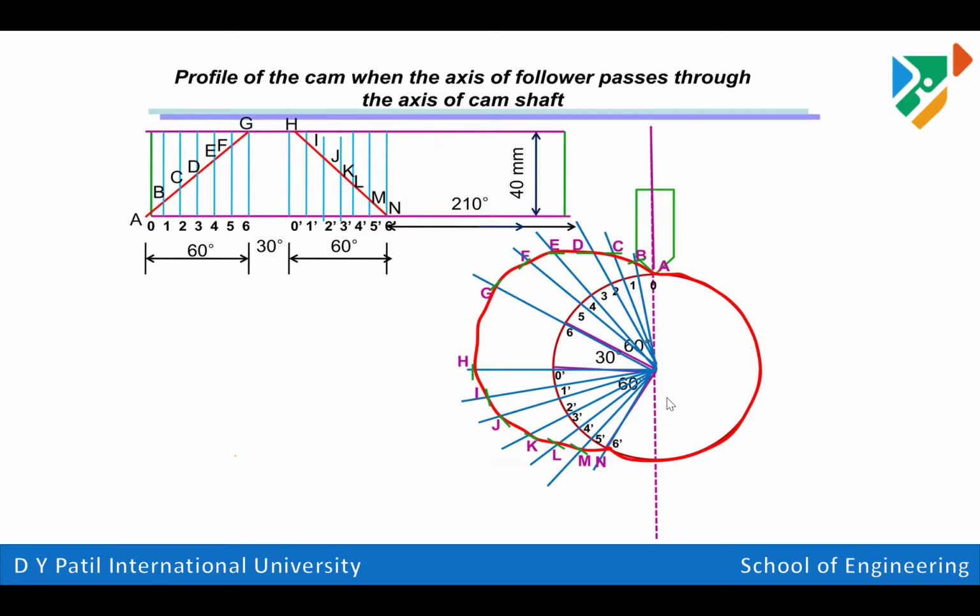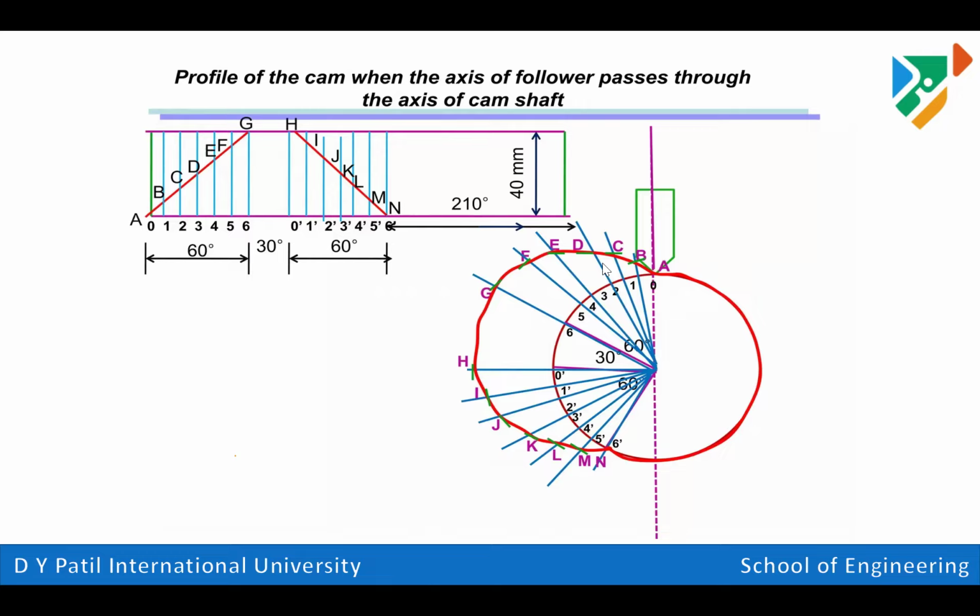The radius of the cam is 50 mm. Then we divide the first part into 6 equal divisions, keep the dwell as it is, and divide the remaining part into 6 equal divisions. Just look at the displacements: 1A, 1B, 2C. These values for points number 1, 2, 3, 4, we need to cut on that inclined line.